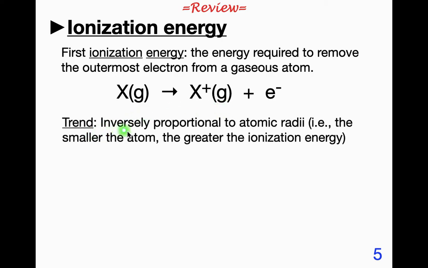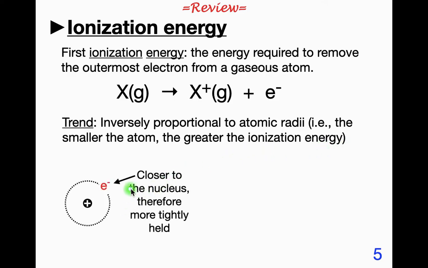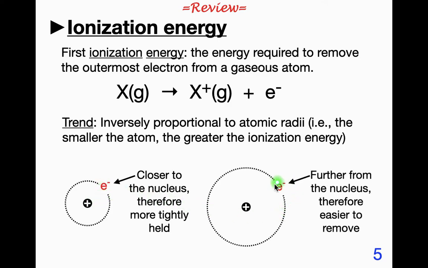The trend, it's inversely proportional to the atomic radii. That is, the smaller the atom, the greater the ionization energy. Okay. So just think of it like this. To remove this electron from the nucleus would take a little bit more energy because it's more tightly held. It's closer to the nucleus. Whereas to remove this electron, it's further away from the nucleus, and so it'd be easier to remove.